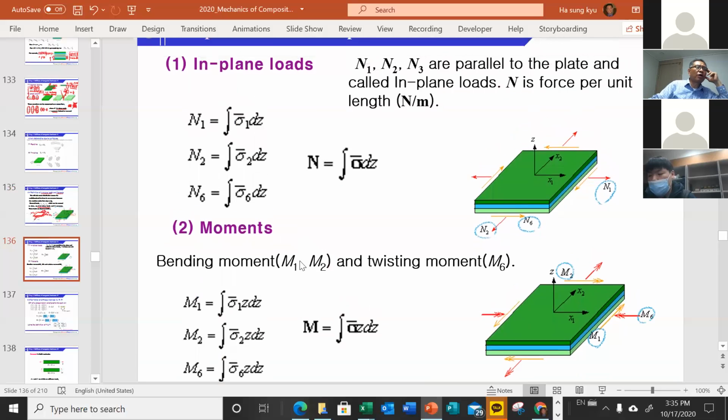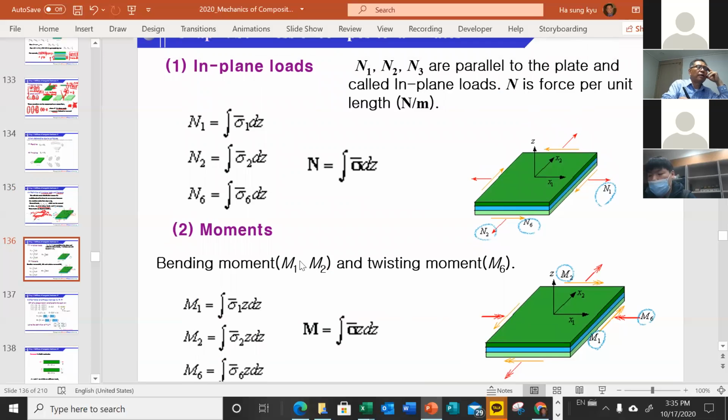From the definition of this in-plane load, please remember this is not the stress, this is the load parallel to the plate. That's why it is the in-plane load. N is a force.